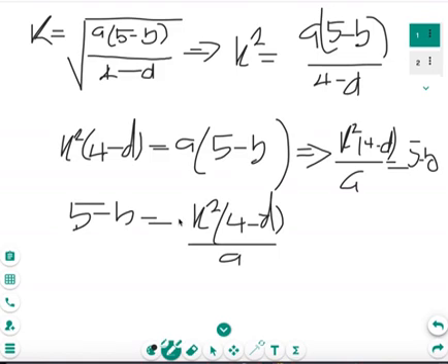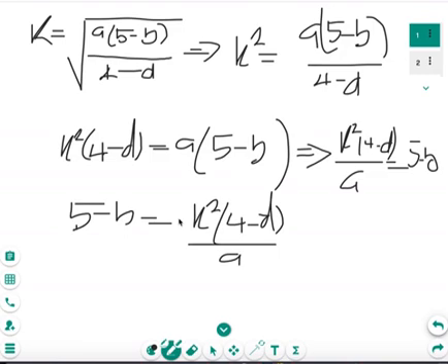Subtract 5 from both sides. No, you want it to be b minus 5 instead of 5 minus b, because you're looking for b, you are not looking for minus b. Okay, let's go ahead.